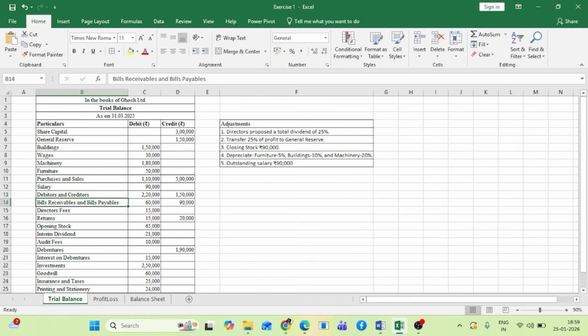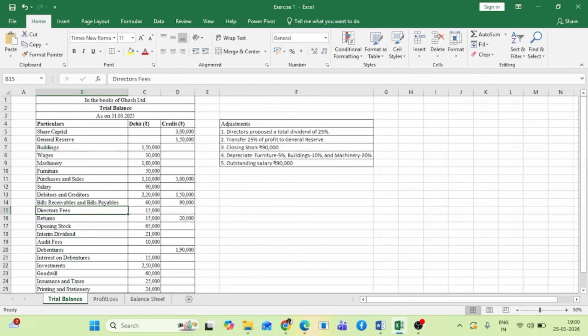Then we have bills receivable and bills payable. Just like debtors and creditors, we segregate them based on the nature of the account. Bills receivable is 60,000 and bills payable is 90,000. Directors fees 15,000, and returns.